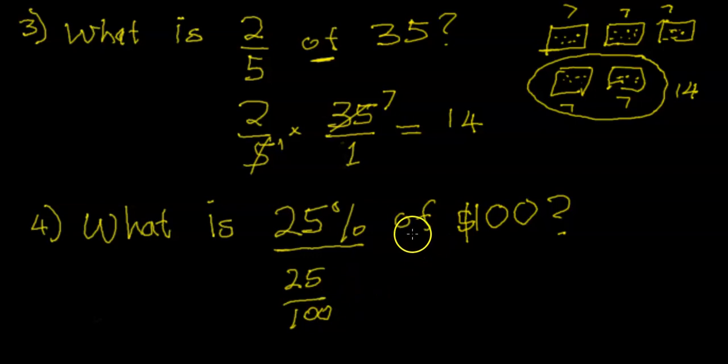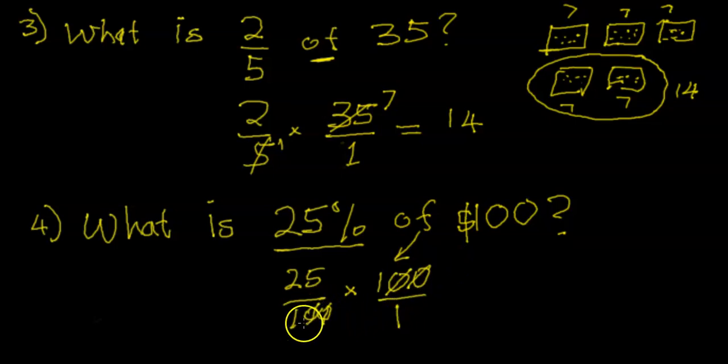And then this "of" here is our multiplication. And then we've got 100 over 1. From here, it's easy to see. We cross out these zeros.